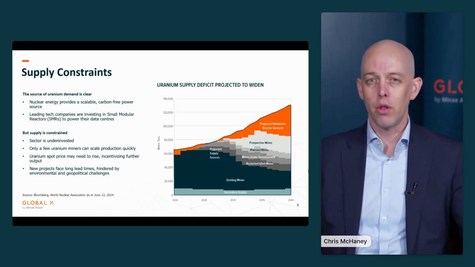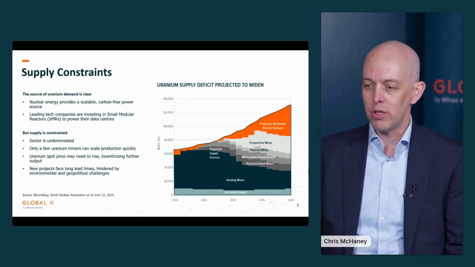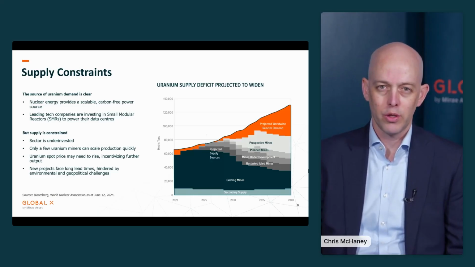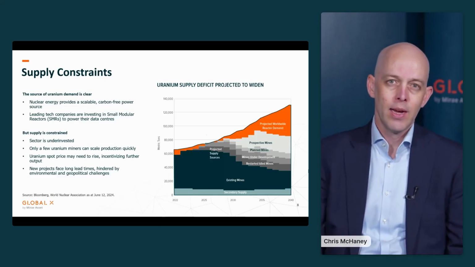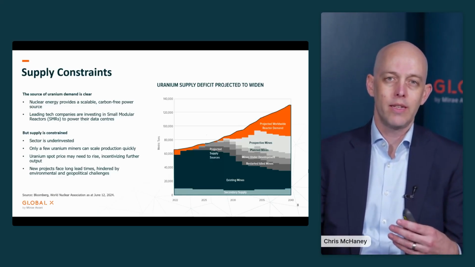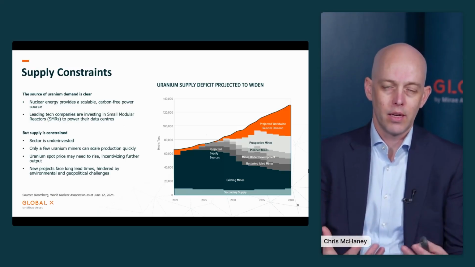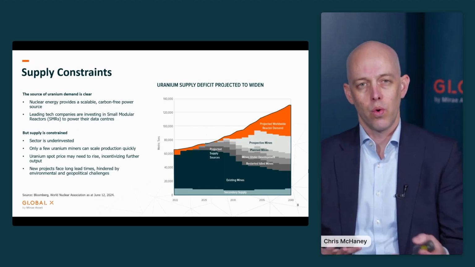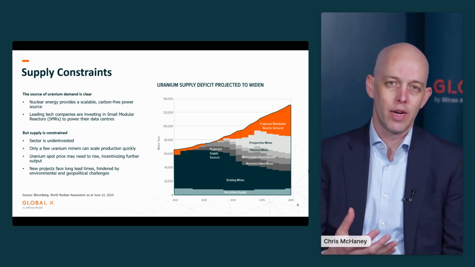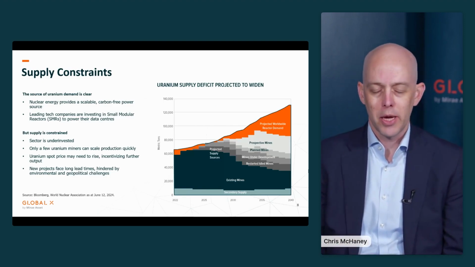So again, thinking about the long term, thinking about this from a super cycle sort of exposure and time frame, this is one that's going to lead to that deficit in supply, and therefore likely going to need higher prices in order for more supply to come online and to incentivize other companies to enter the space.